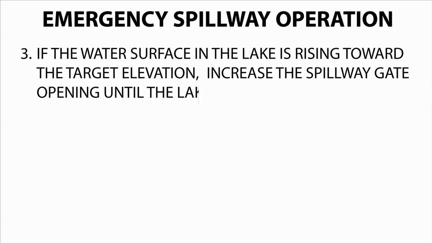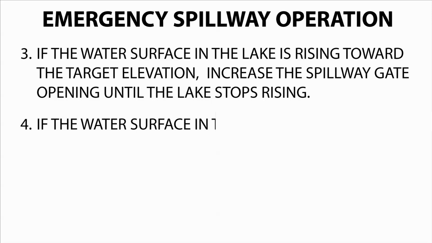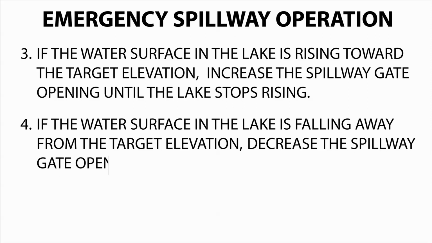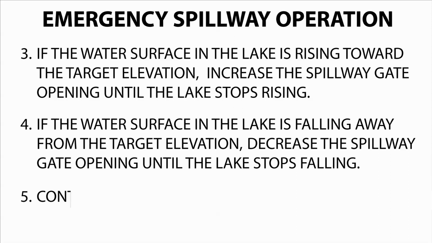Number 4, if the water surface of the lake is going down, away from the target elevation, decrease the spillway gate opening until the lake stops falling. Number 5, continue to attempt communications with WEROC when possible.